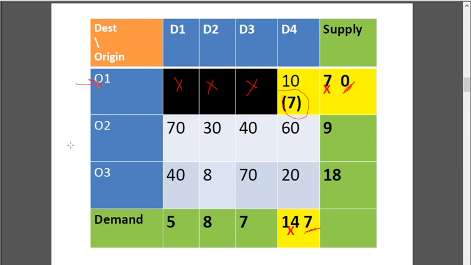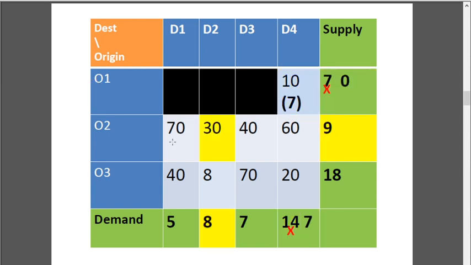Next, go to the second row, that is for origin O2. In that row, select the next least cost cell, that is out of 70, 30, 40, 60, the least cost is 30.